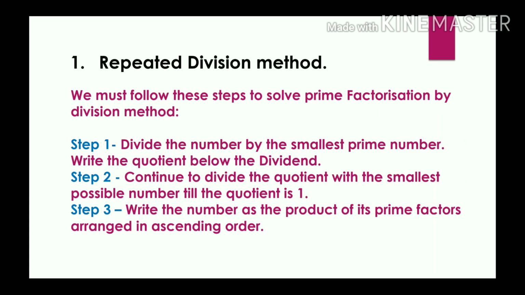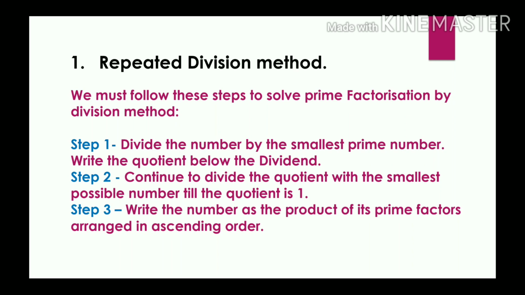First, the repeated division method. We must follow these steps to solve prime factorization by the division method. Step 1. Divide the number by the smallest prime number. Write the quotient below the dividend. Step 2.